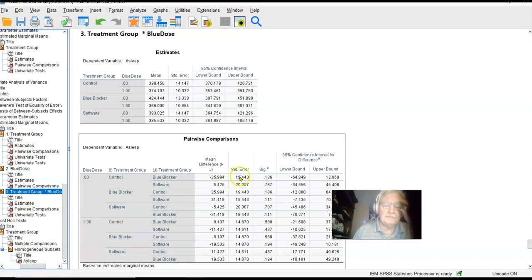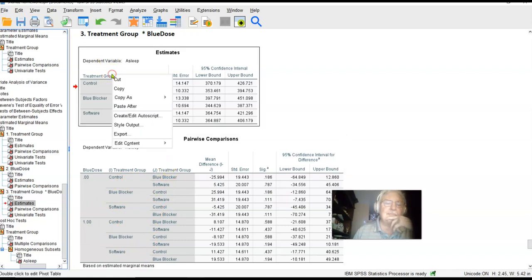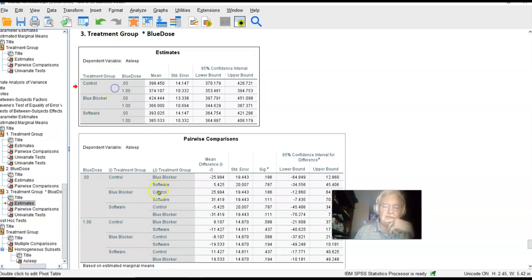Okay, we have these comparisons. Again, sadly nothing significant, but we have the low dose, the high dose, and then the 6 comparisons within each of those. But here are our estimates. Let's copy them to Excel.